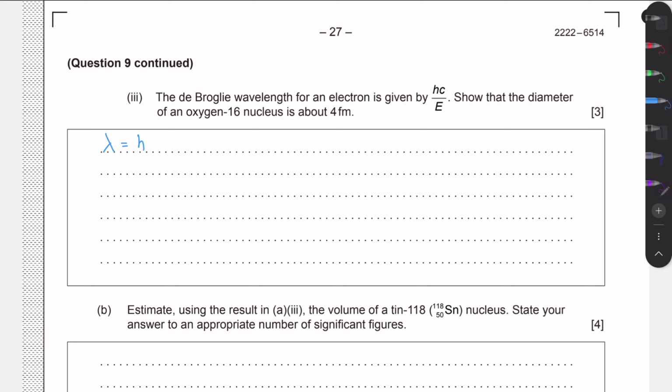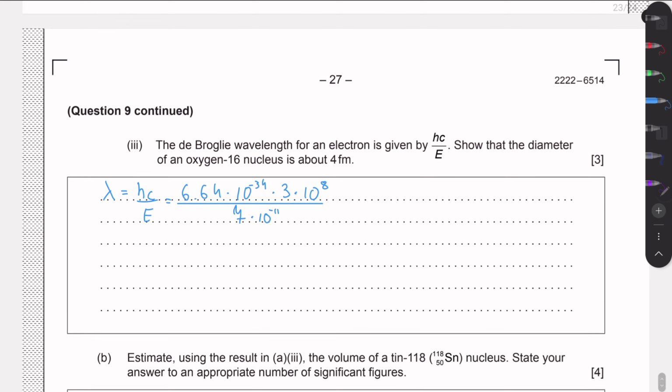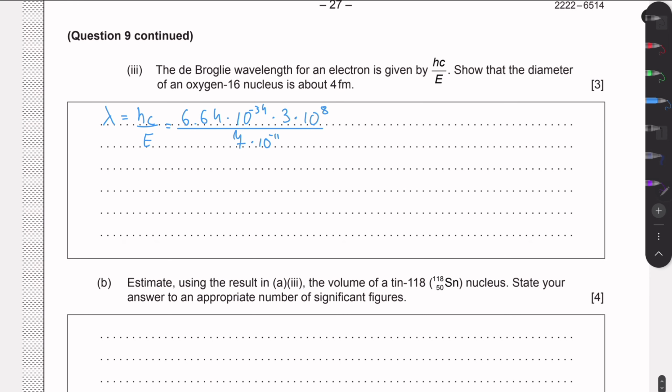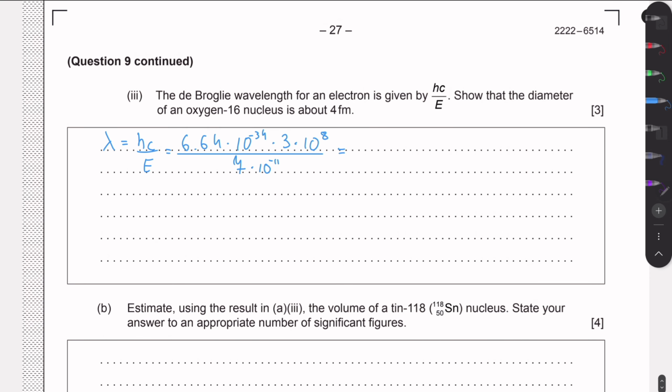It's going to be hc over E. We know h is just Planck's constant, 6.64 times 10 to the minus 34, times the speed of light, 3 times 10 to the 8, divided by the energy of the beam, which we have just calculated, 7 times 10 to the minus 11. So for this we get 2.8 times 10 to the minus 15 meters.